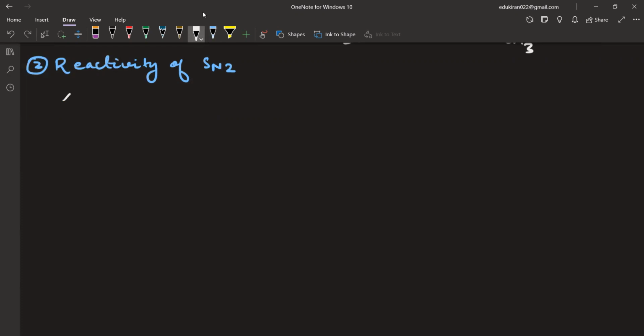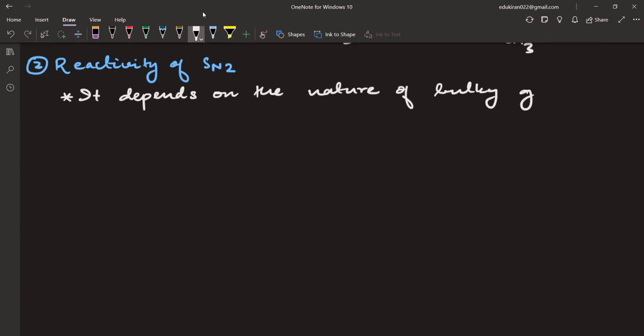Now in reactivity of Sn2, you'll write: it depends on the nature of bulky group attached to the alpha carbon.